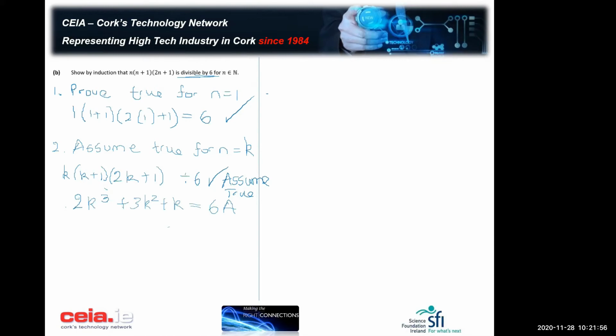It just represents any other number that can be used. If it's multiplied by 6, then it means that it's divisible by 6. So 6a just represents another variable. We're assuming it's true for n is equal to k, which means that 2k cubed plus 3k squared plus k is equal to 6a. In other words, 6 times any number. It doesn't matter what number it is, but the fact that it's 6 times it means that it is divisible by 6.